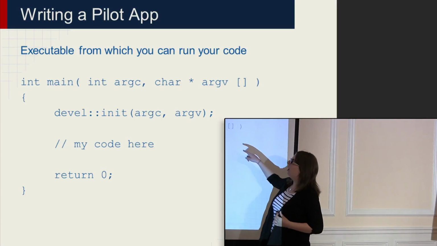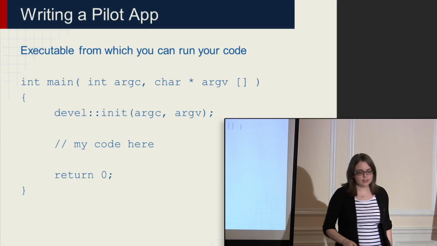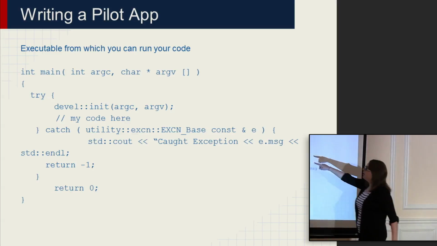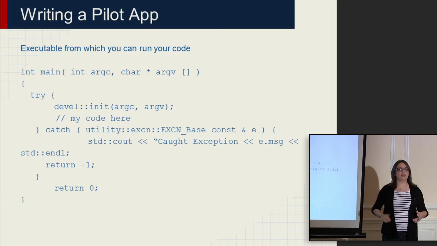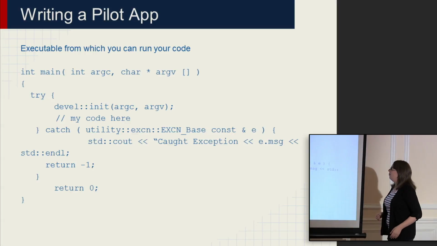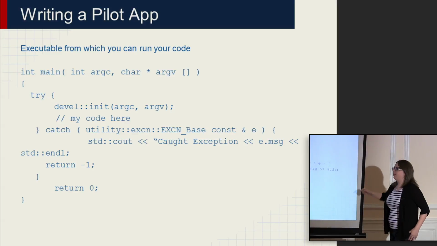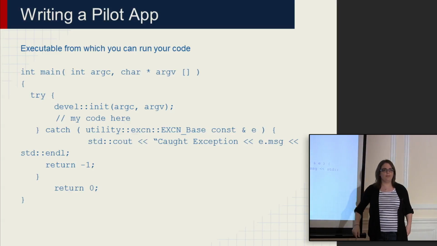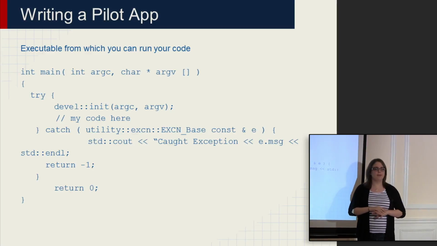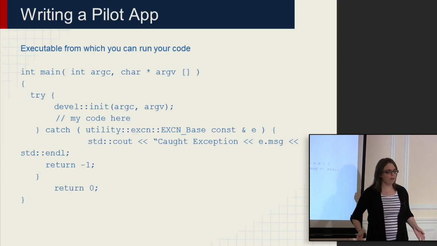You'll see int main, and then you specify your arg arrays. And then there are some important characteristics. There's devel init, which initializes things like the Rosetta option system and JD2 and things that you might need. And then we'll also usually surround this with a try-catch block that'll throw an exception if that were to fail. That's usually good to make sure your program terminates nicely if something were to go wrong, versus just terminating nastily and you don't know what's going wrong with your code.